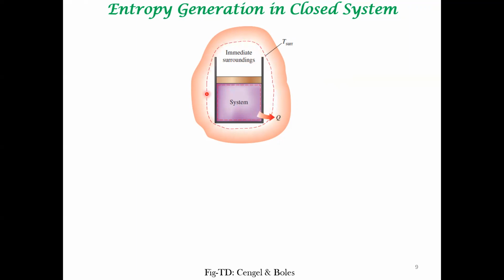However, you can always find a sufficiently large boundary where you can assign a particular temperature to the surrounding. For a closed system, first we look at the entropy change for a system, right?